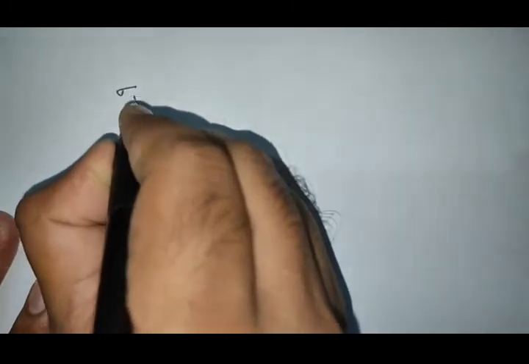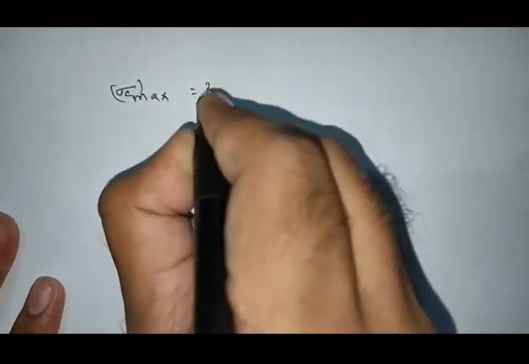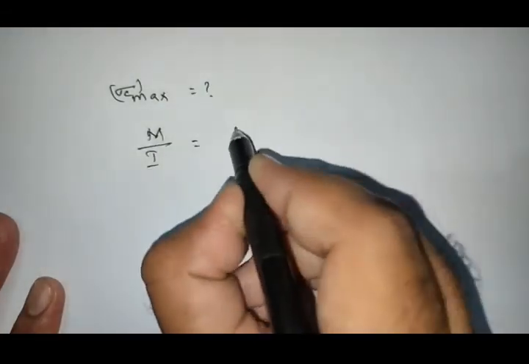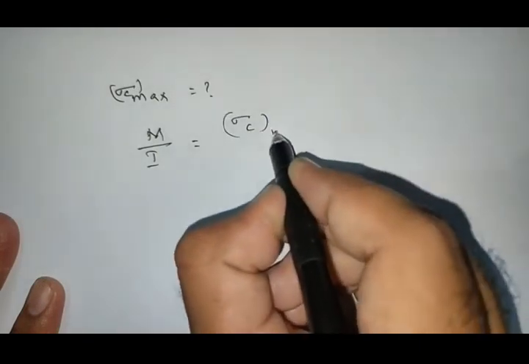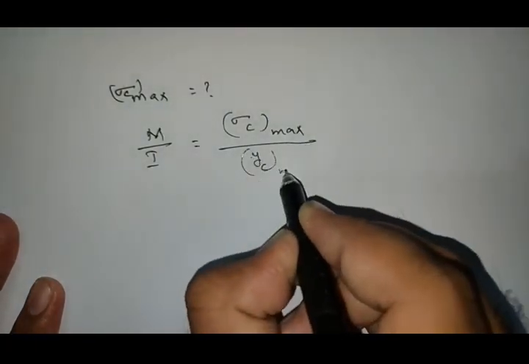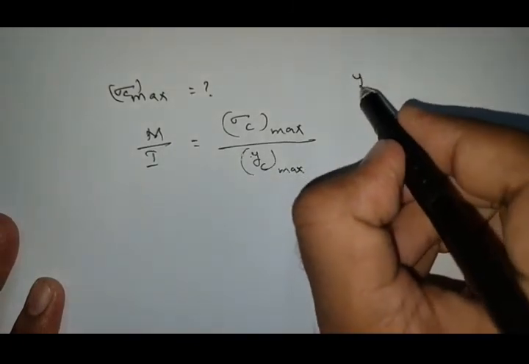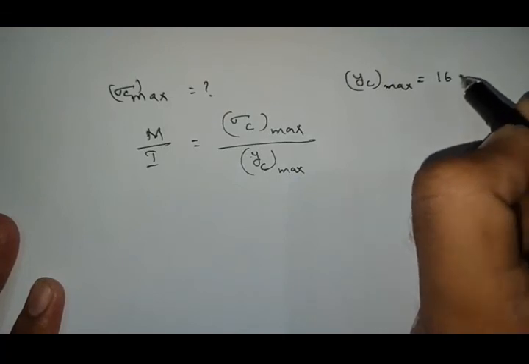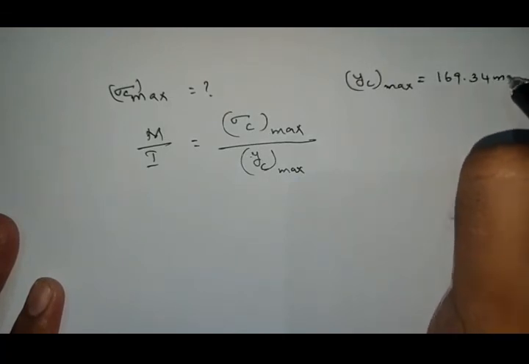Now let us calculate the maximum compressive stress. I require sigma C max. So M by I is equal to sigma C max by YC max. YC max we got as 169.34 mm, right?